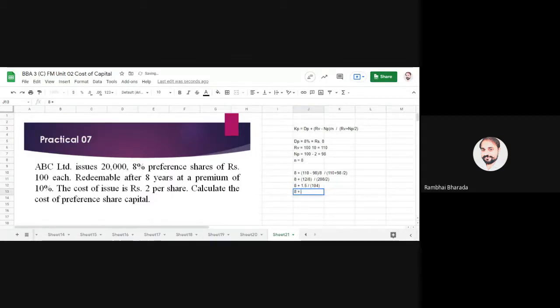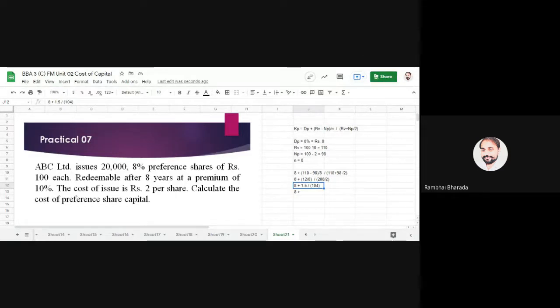Finally, 8 plus 1.5 upon 104. 1.5 upon 104. No, no, no.